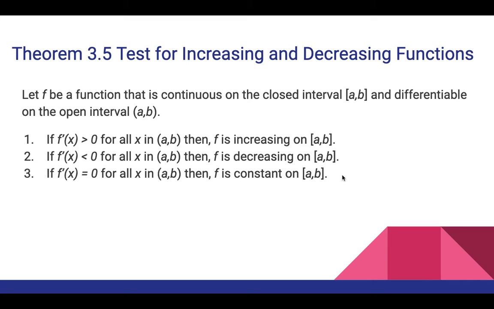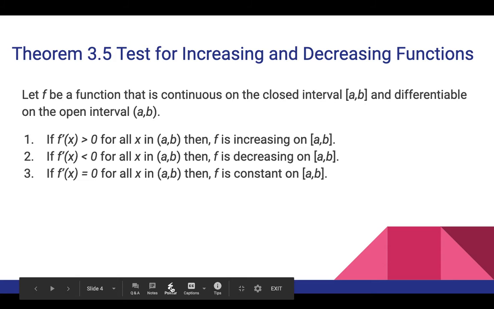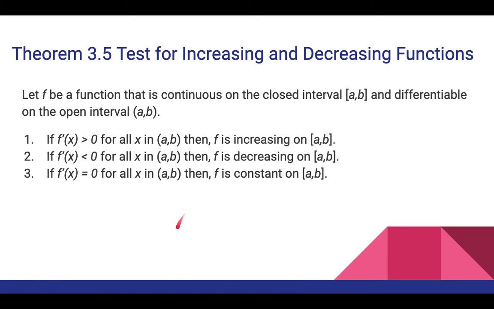Now when we talk about a function increasing, when it's increasing, it's going upwards. It has a positive slope. If it's decreasing, it's going to have a negative slope. We can find the slope by looking at the first derivative.